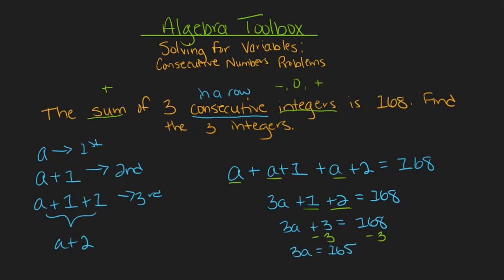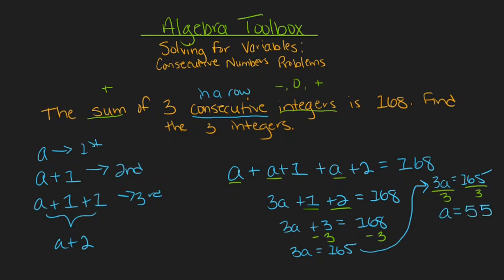And now just for space, I'm going to move the rest of this equation over here. Now I only have that multiplication relationship left between 3 and A, which I will break with division. I'll divide by what I want to get rid of, which is that 3.